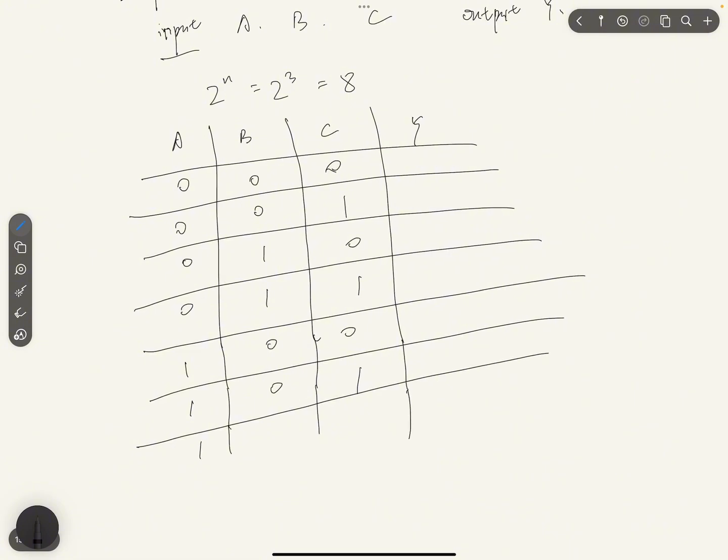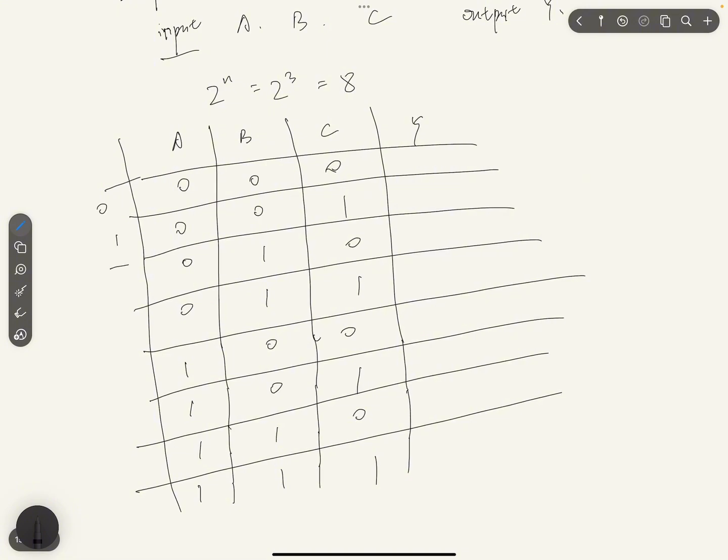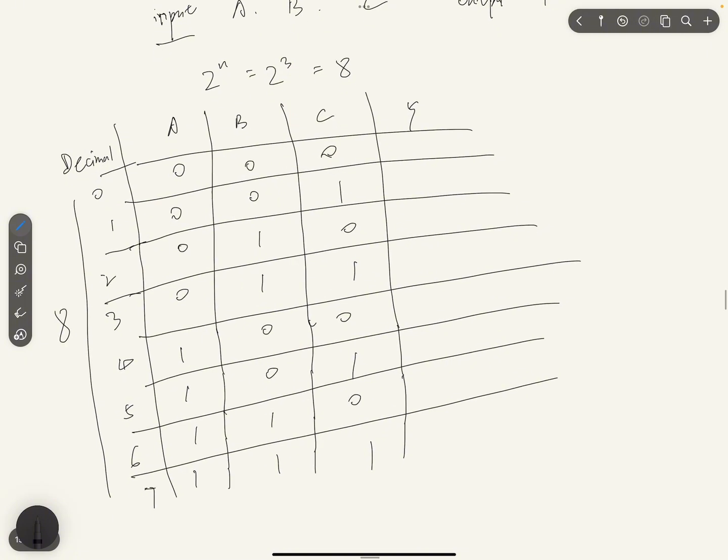This one will be 1, 1, 0. And the last one will be 1, 1, 1. In decimal, that will start from 0, 1, 2, and that will be 3, 4, 5, 6, 7. So 0 to 7, which is 8 numbers. That's why we have 8 combinations.